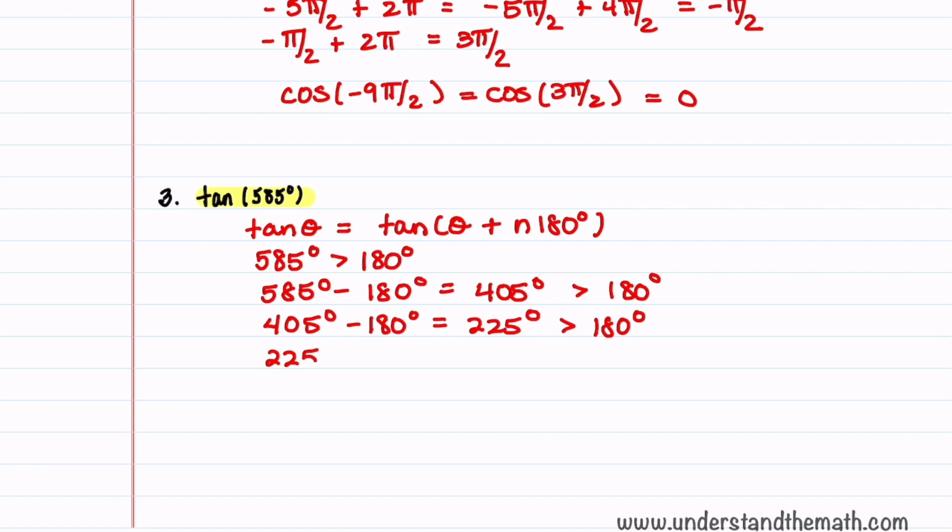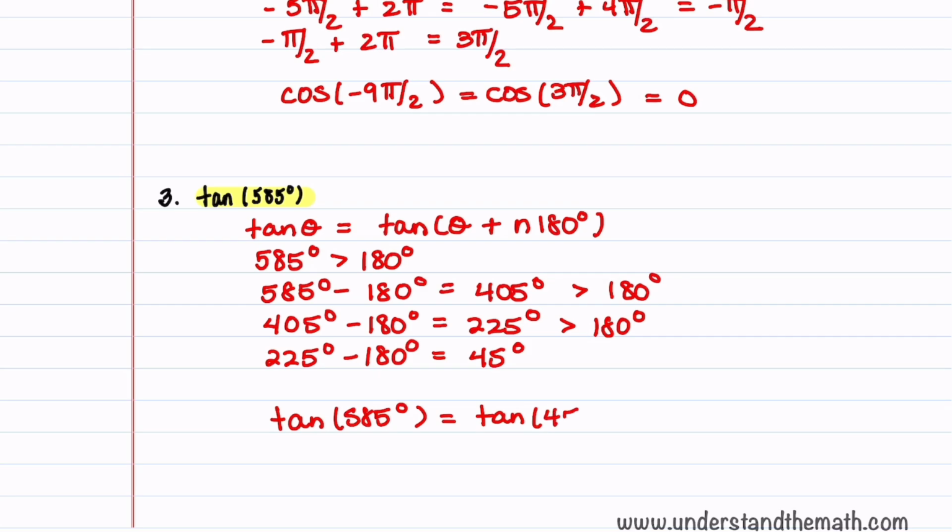And we get 225 degrees minus 180 degrees is equal to 45 degrees. Our identity tells us then that tangent of 585 degrees is equal to tangent of 45 degrees, and that value is equal to 1.